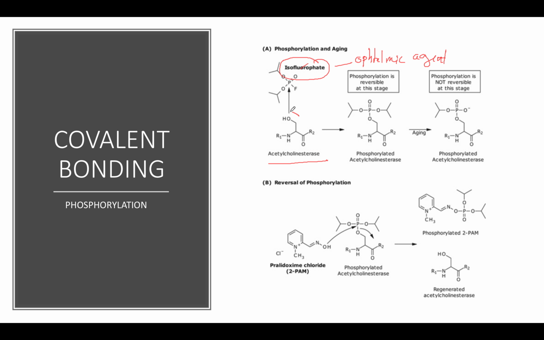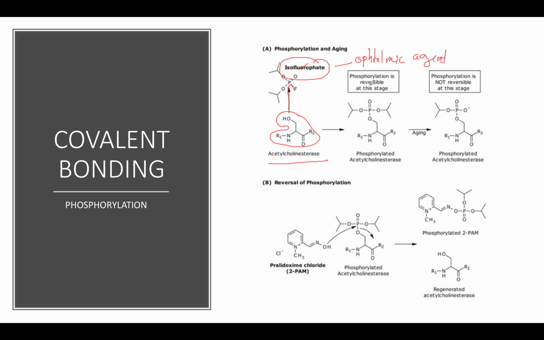So you have the serine hydroxyl here that's going to cause an initial phosphorylation. So it's going to attack at the phosphate here and lead to an initial phosphorylation of acetylcholinesterase. Now, at this point, this is still reversible.